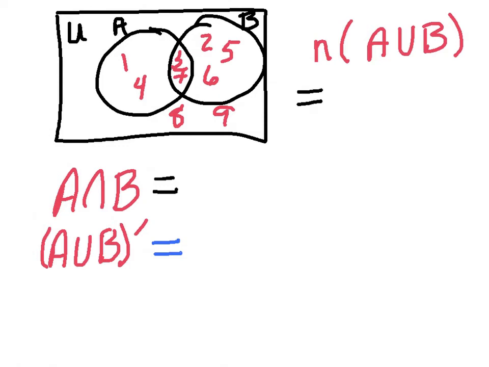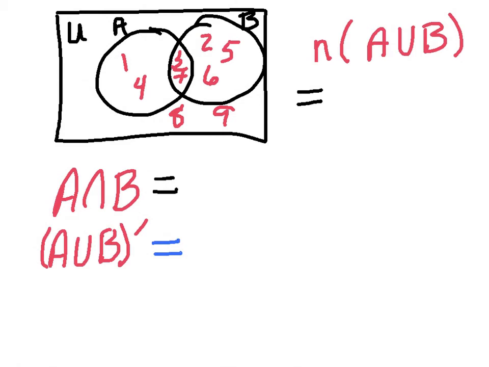It says n of A union B, but what's the n in front mean? Well, the n in front means find the cardinality of A union B, or if you wish, the number of elements in A union B, and that's why we put a little n in front.